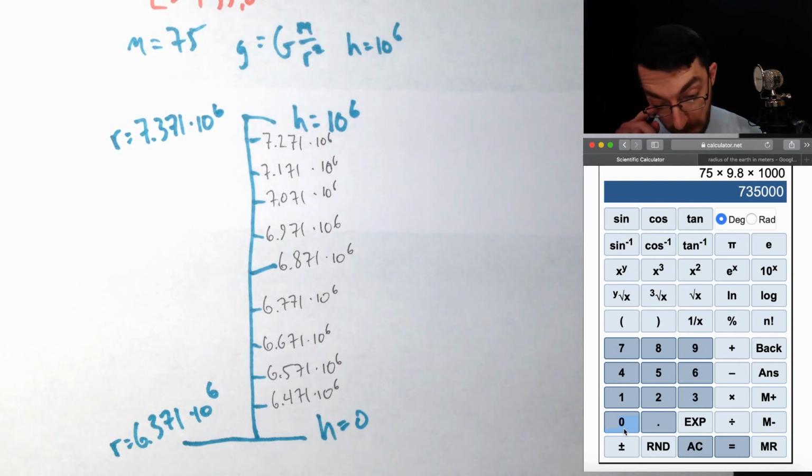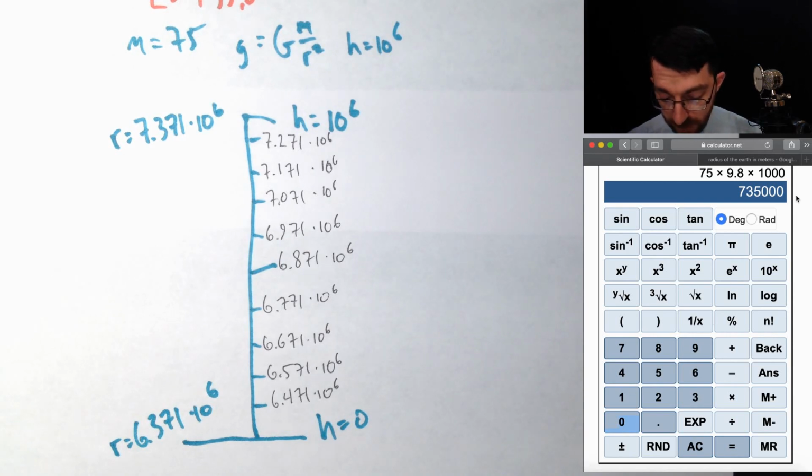Okay. Well, since there's going to be 10 different heights, there's going to be 10 different values for R. Now, I could do all these on a calculator, and that would be lots of fun to watch, now wouldn't it?